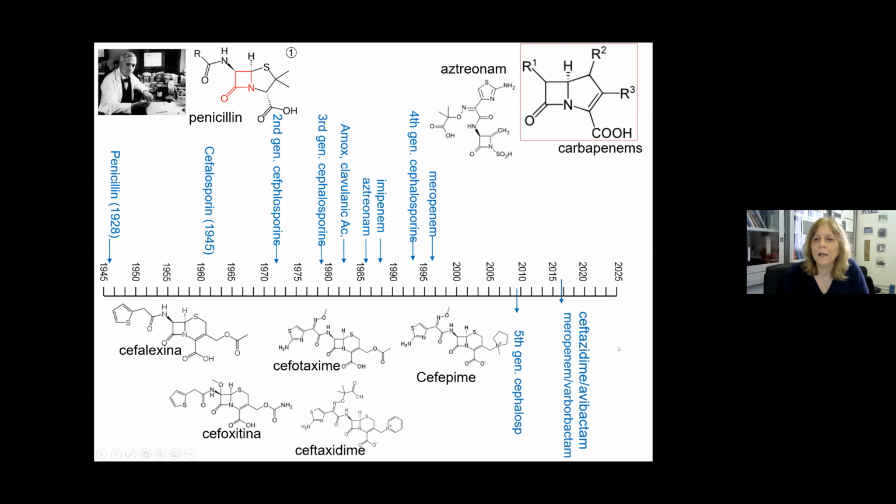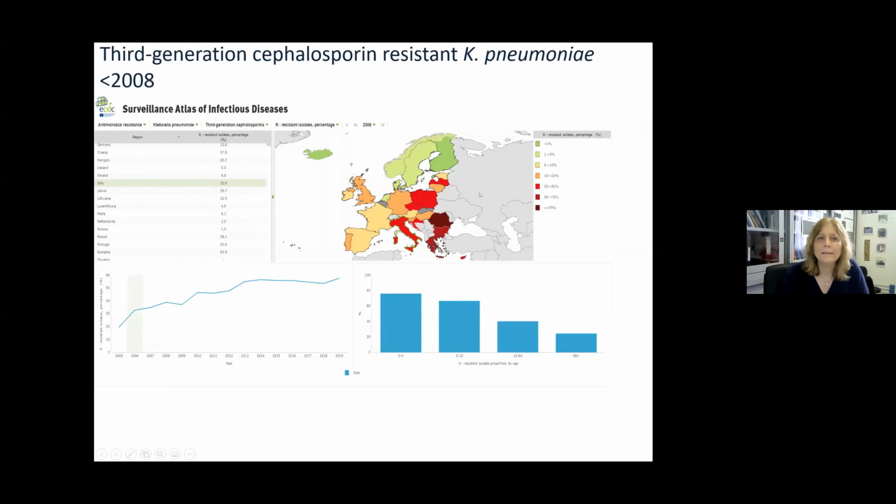And recently, we have the new generation beta-lactam combinations in which previously used carbapenems or third generation cephalosporins are combined with inhibitors. Inhibitors of what? Inhibitors of the mechanism of resistance that give resistance to all the previous beta-lactams. This is the situation we had before 2008.